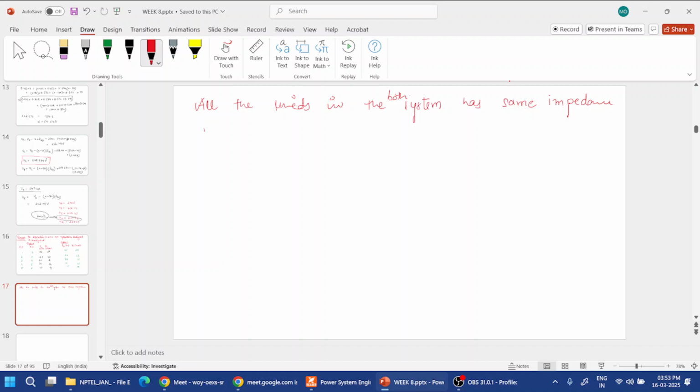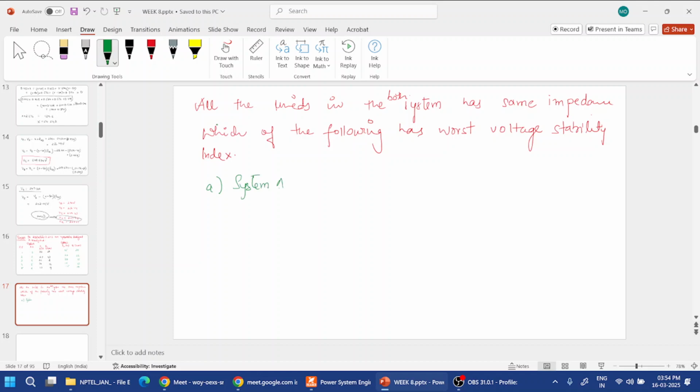We have to find which of the following has the worst voltage stability index. The options are here.